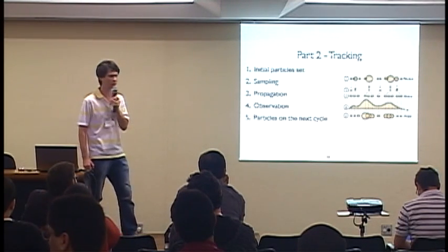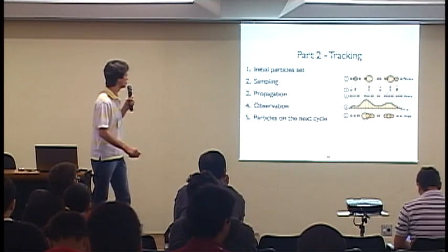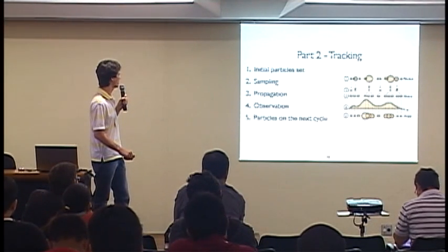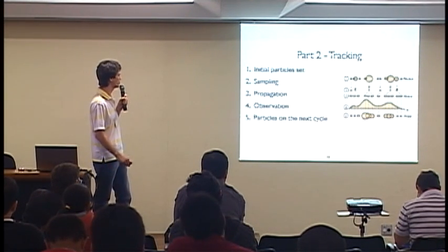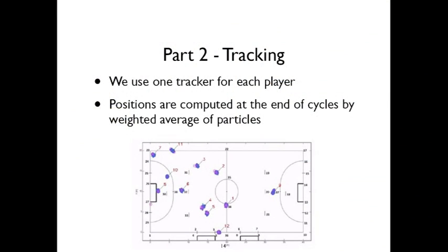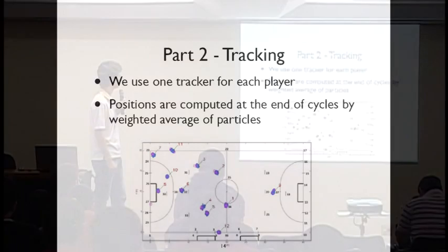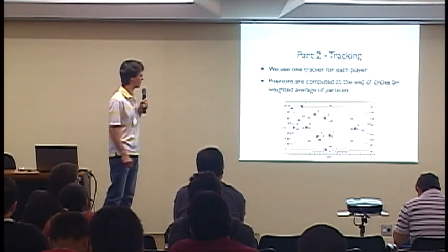In our case, we use the multimodal function to make the observation here, and then we have a new set of particles with good weights. We use one tracker for each player, and the position of players is computed with the weighted average of particles, like here.